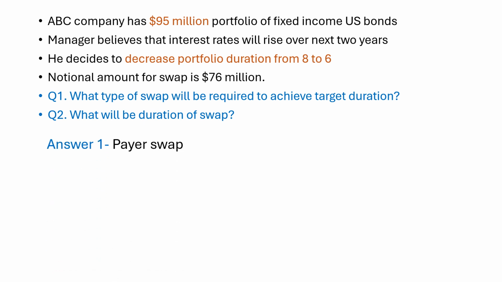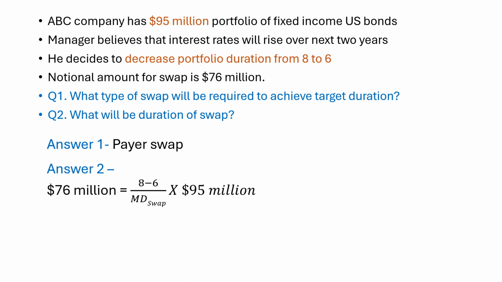Let's find out now the duration for the swap. So we have the formula. We have 76 million notional amount, and 8 is the duration of the portfolio. The target duration is 6 years, multiplied by 95 million, and we divide by the modified duration of the swap.